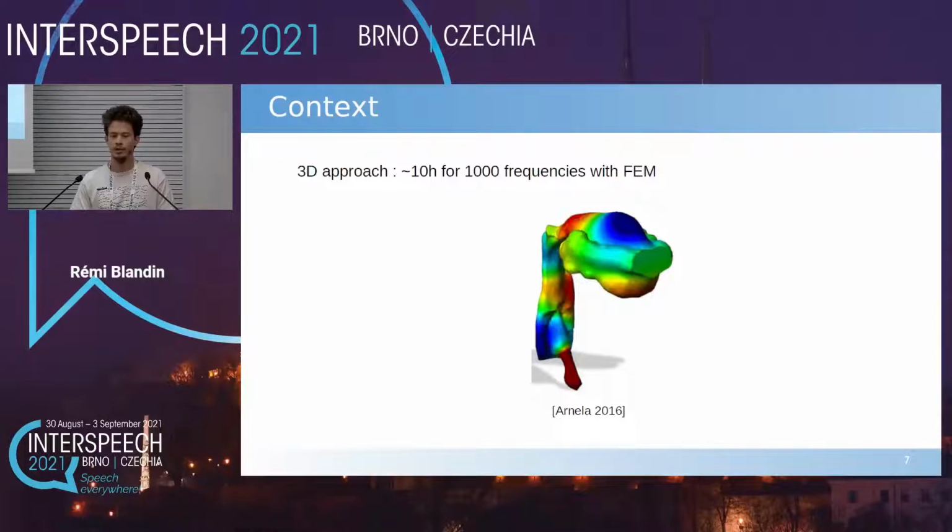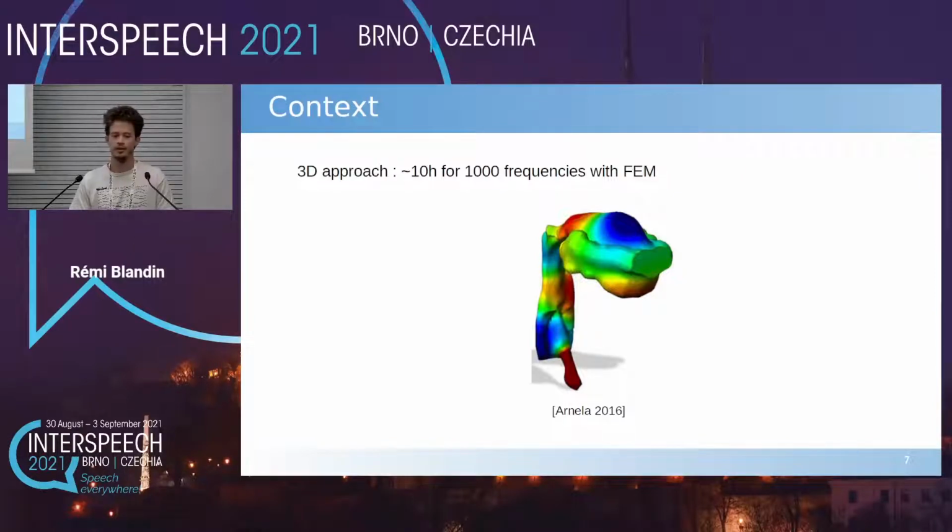And the main drawback is the computational resources it requires. So to illustrate that, if you want to solve the acoustic problem in the frequency domain, you will need about 10 hours to compute 1000 frequencies with one processor on a standard laptop. And we can also speak about memory requirements.